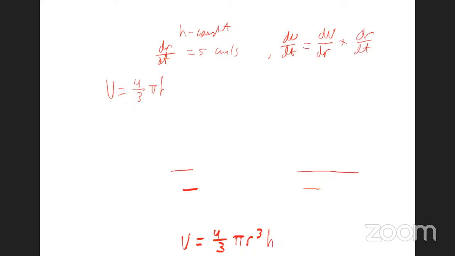When you differentiate this, bring down the 3, you'll get 3 times 4/3 pi H multiplied by r squared. So dV/dr is equal to 4 pi H r squared.